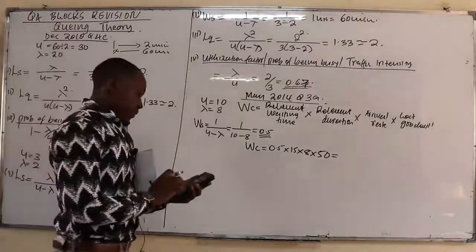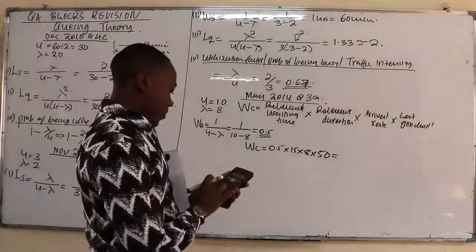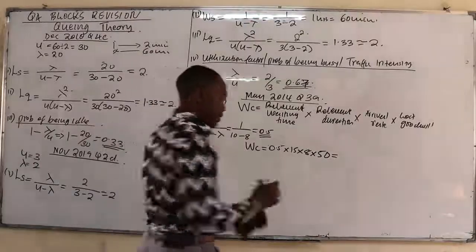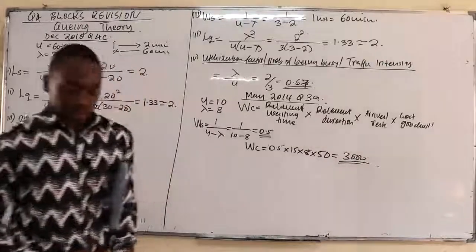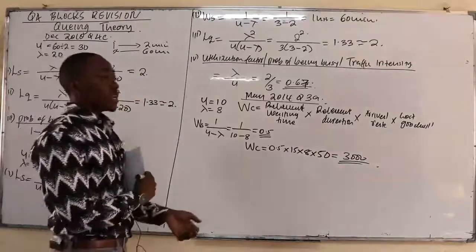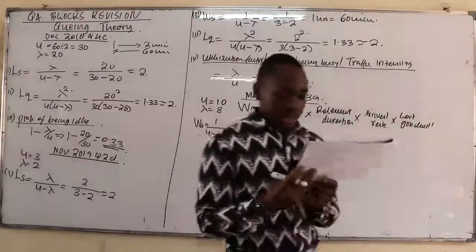So 0.5 times 15 times 8 times 50, and you get 3,000. So that's the average waiting cost per day.